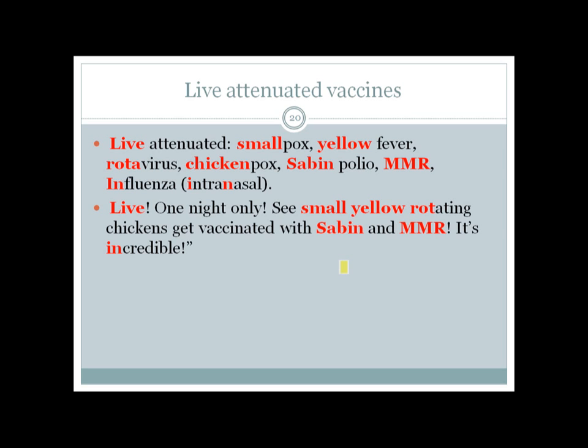Isn't that incredible, vaccinating the chickens with Sabin and MMR? Oh, it's incredible. Sorry guys, it was not a good amount of fun, but you have to remember that.